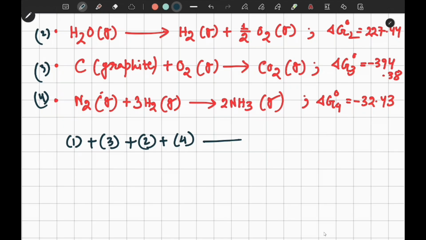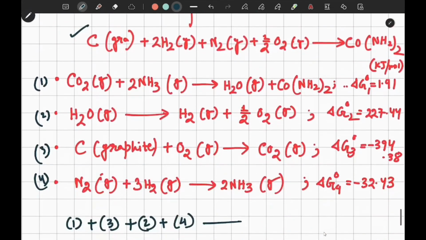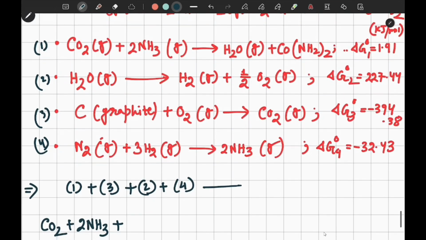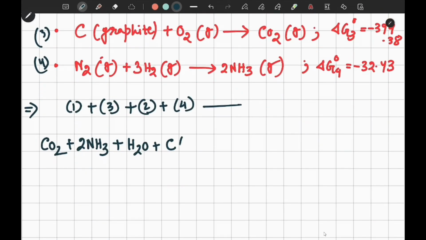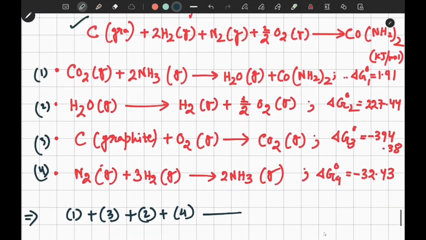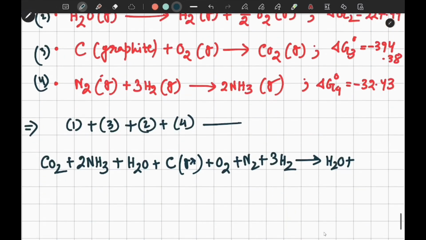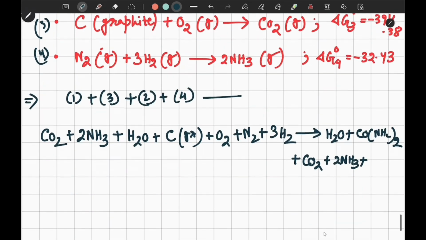If we add, then in the left hand side it will be CO2 plus H2O plus C graphite plus O2 plus N2 plus 3H2, and on the right hand side it will be H2O, CO(NH2)2, CO2, 2NH3 plus half H2.